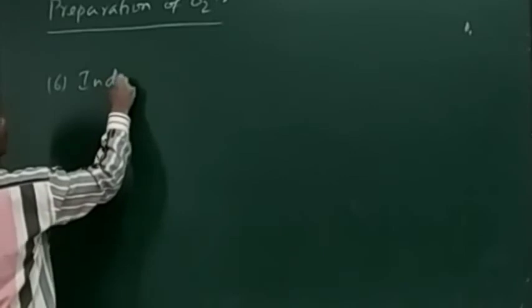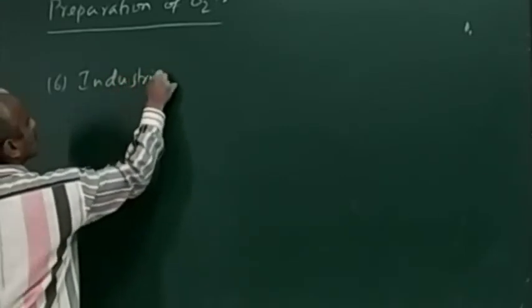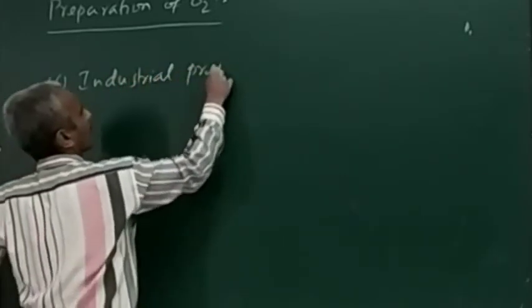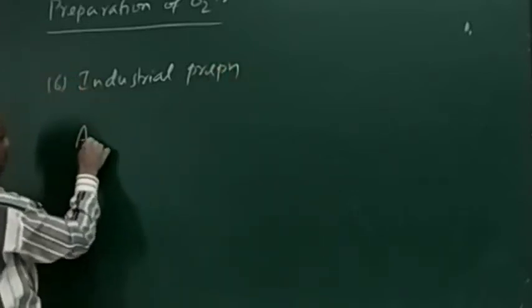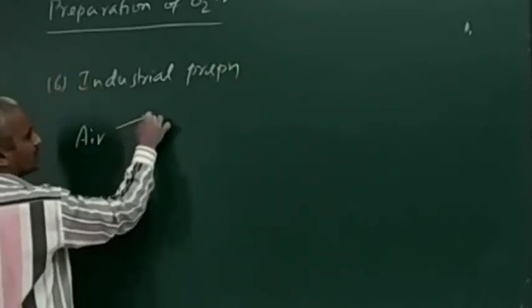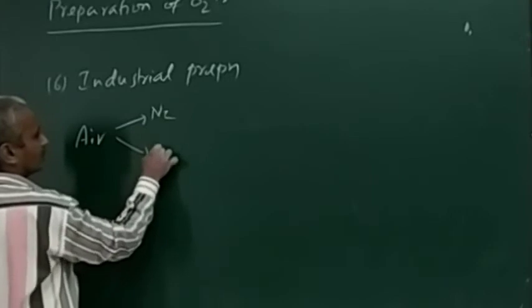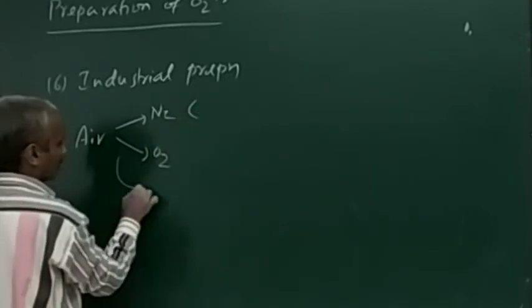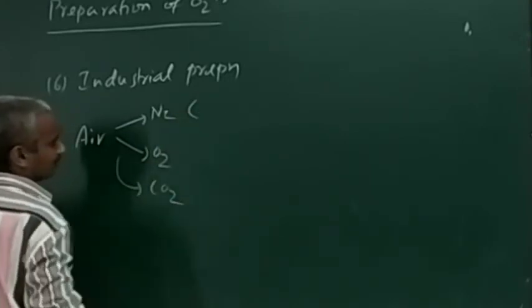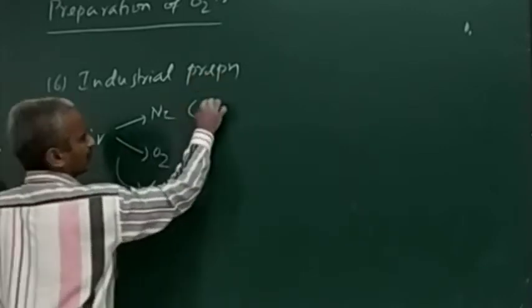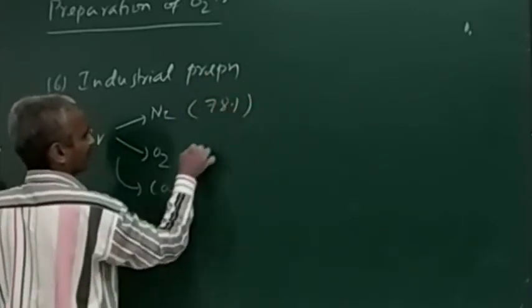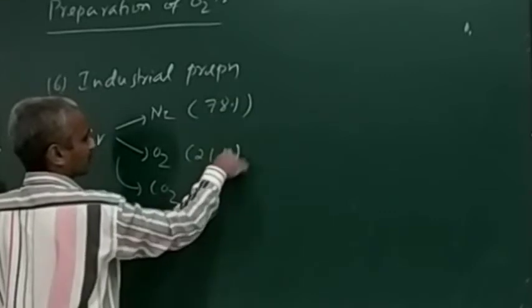Industrial preparation: from air, because there is nitrogen, there is oxygen, then there may be carbon dioxide, etc. Nitrogen is around 78%, oxygen is 21%.